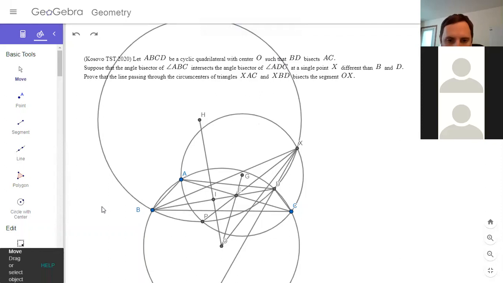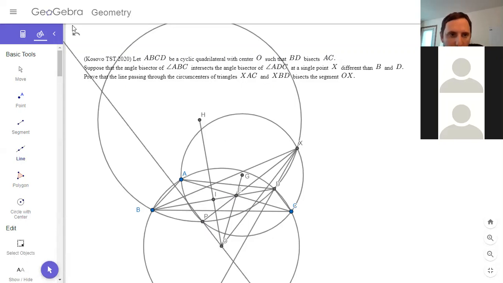Okay, back to the problem. How do we show OPX is 90 degrees? My idea was to show OPIE is cyclic.